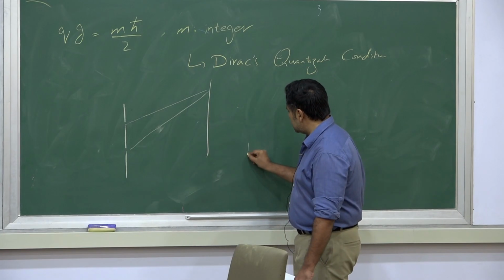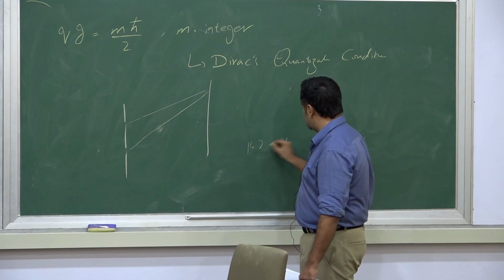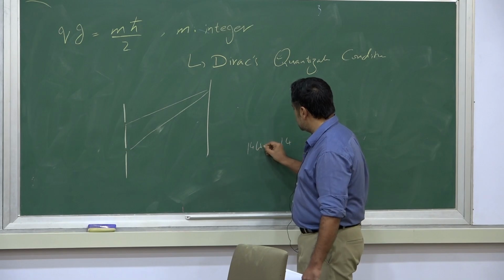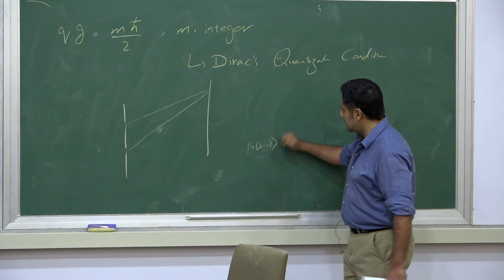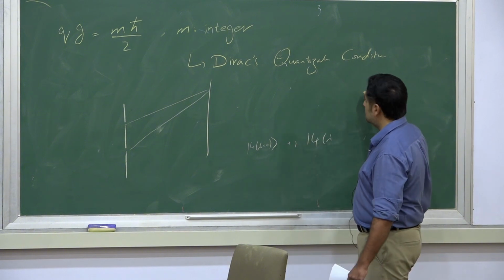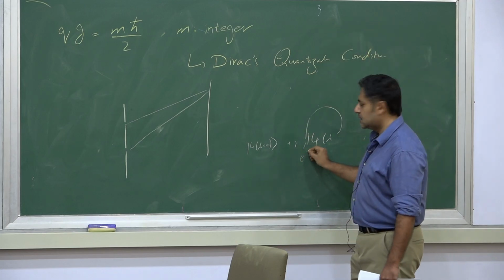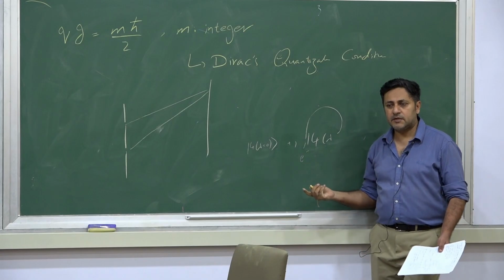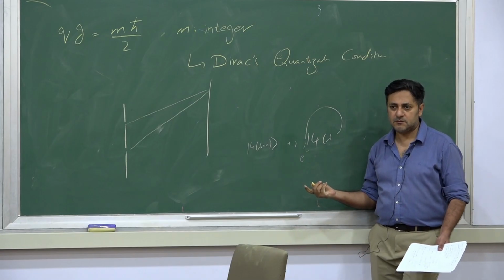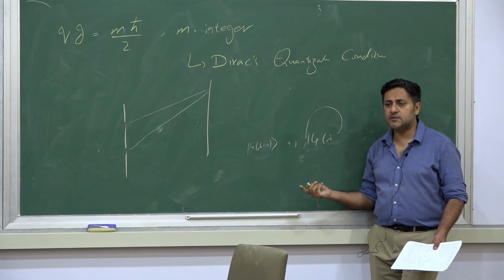Now, suppose you prepare identical states. One stays at lambda 0, it remains over there, while the second state, you make it go around and it picks up a phase, and then you make an interference. So it will show up in that kind of experiment.